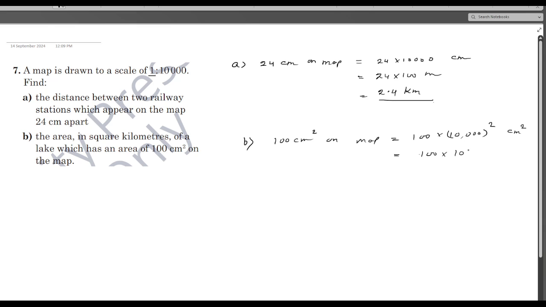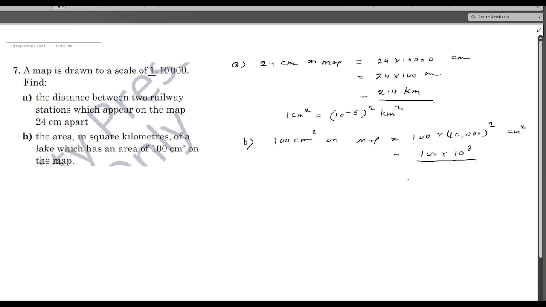So this is 10 power 4 square, which is 10 power 8, divide by, now 1 centimeter square is equals to, now from centimeter to meter if I convert, it is 10 power minus 2, and when I'm converting in kilometer, it is 10 power minus 5. So 1 centimeter square is 10 power minus 5, the whole square, kilometer square.